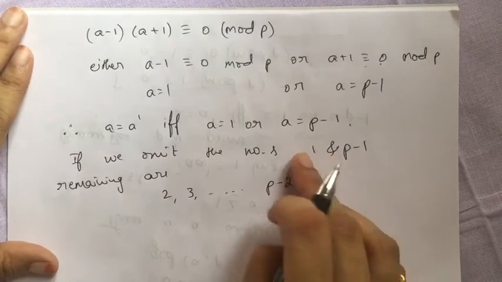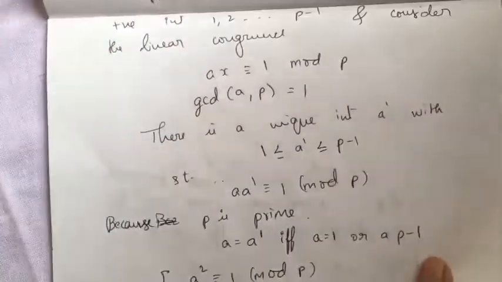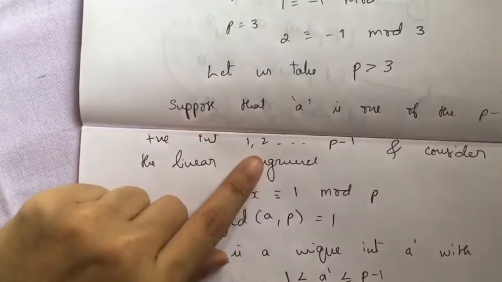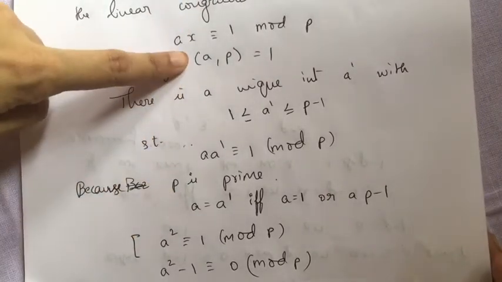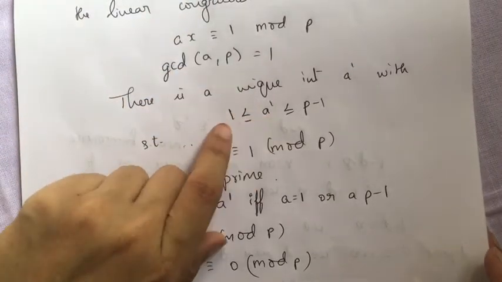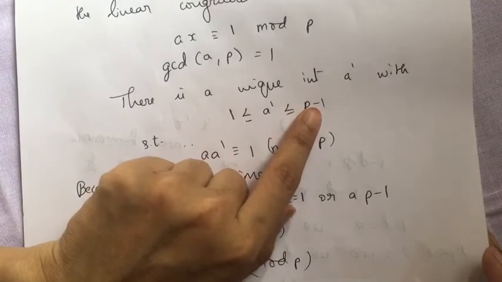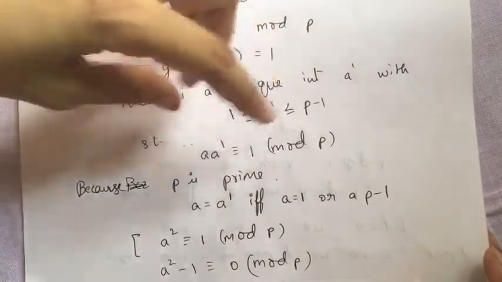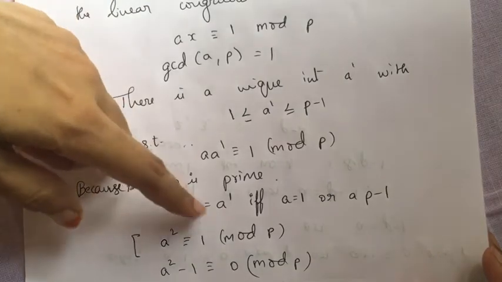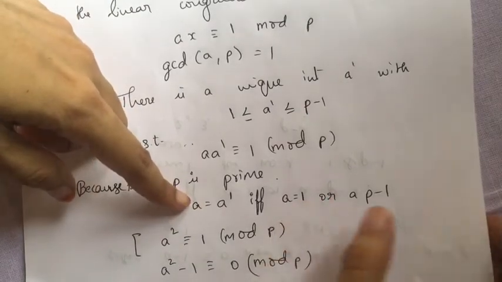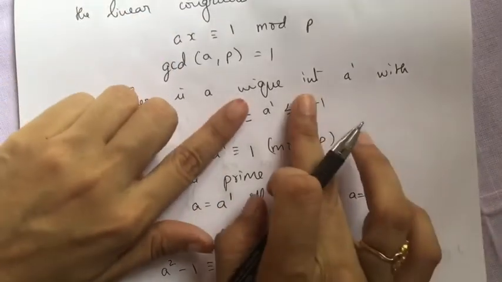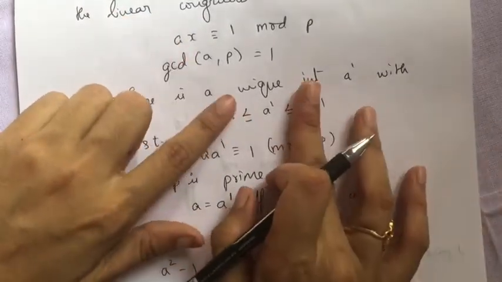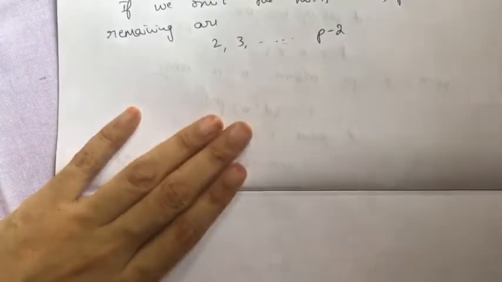I have omitted 1 and p minus 1. Among these, I am considering one such integer a, taking a linear congruence and a dash between these two. If a equals a dash happens, then either a equals 1 or a equals p minus 1, so I am omitting these two and I am left with 2 to p minus 2 possibilities.